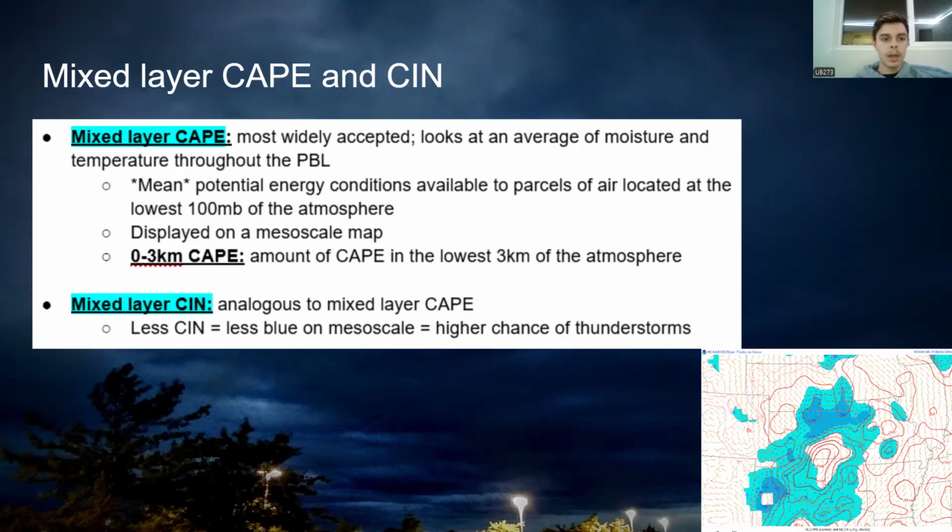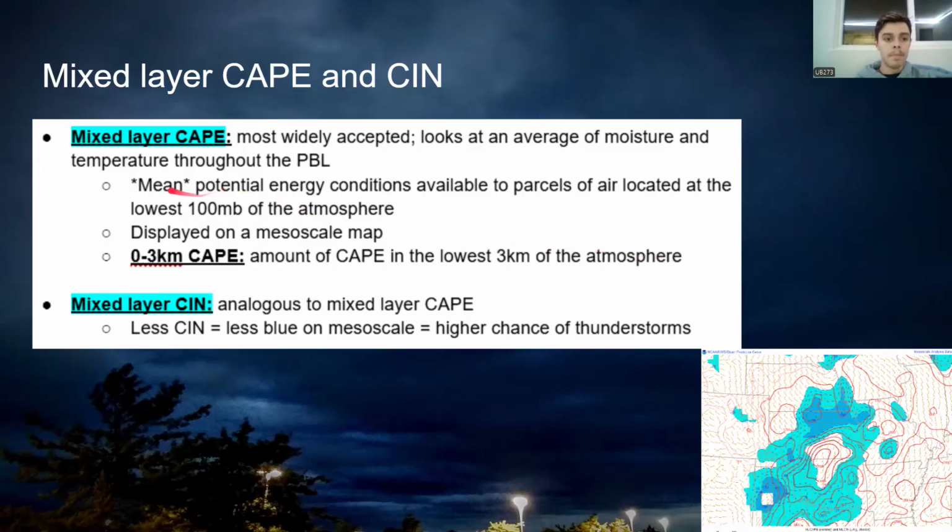Then we have mixed layer CAPE and CIN. That's what we saw before, which was ML CAPE. This is the most widely accepted, and you'll oftentimes have a table below the sounding with a list of all of these that you can see and compare. It looks at an average of moisture and temperature throughout the planetary boundary layer, and remember, that's the layer that's still influenced by Earth's surface.